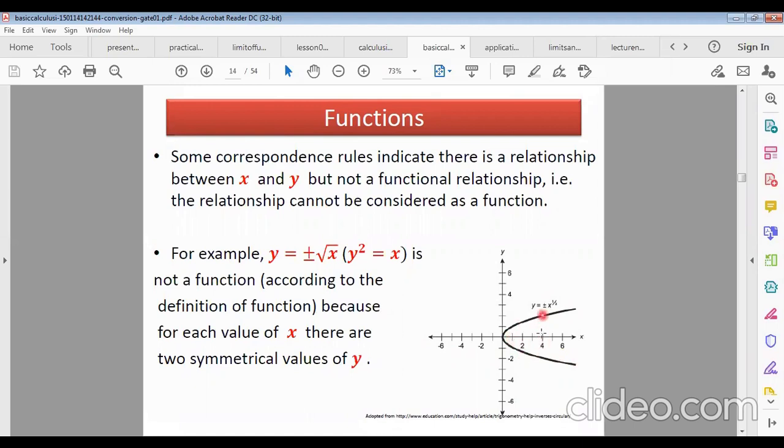Suppose x equals 4, we get two values. That means for each input we get more than one value of y. This is why in this case it is not a function. So remember that for every value of x, if we get a single value of y, then it will be a function.